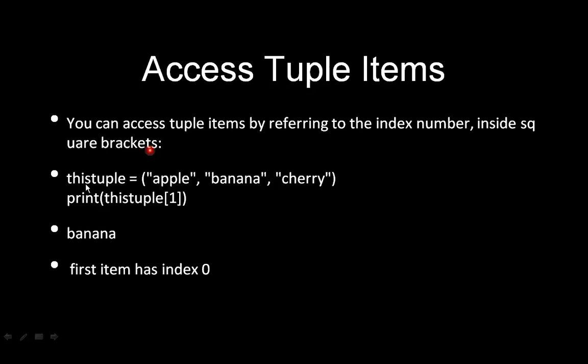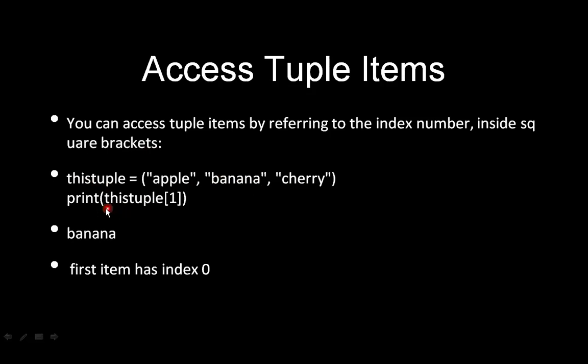You can notice in this example that I have taken the tuple name as this tuple, and I have specified apple, banana and cherry. These are all the elements. Then I will use this tuple of 1 because I want to access the element present at index number 1. How can I do that?